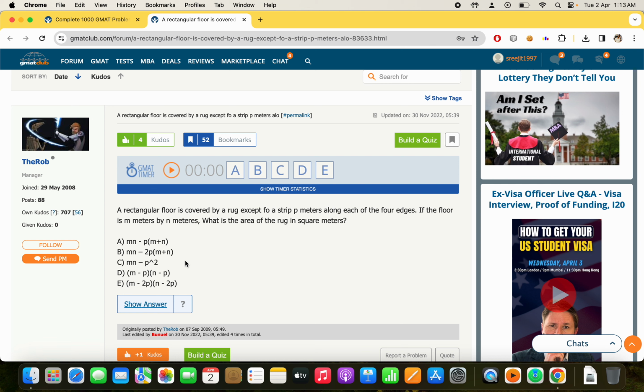There is a floor. Let's get it visually. It's covered by a rug. Okay, well, good. There is a strip of P meters on each of the edges. This is a strip of P meters. M cross N. So this is the width P meters.